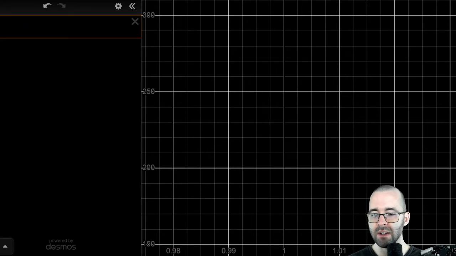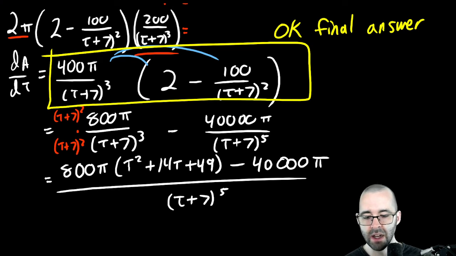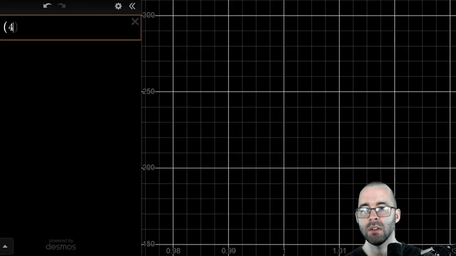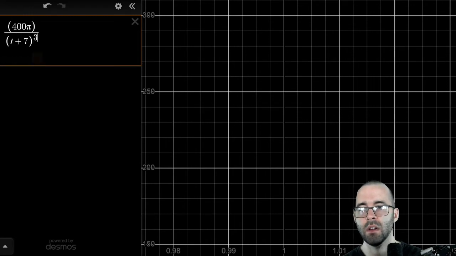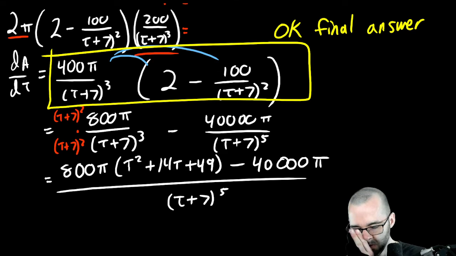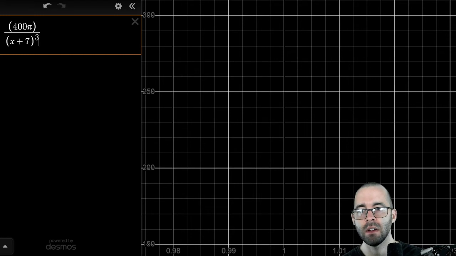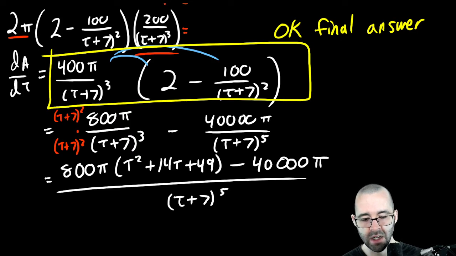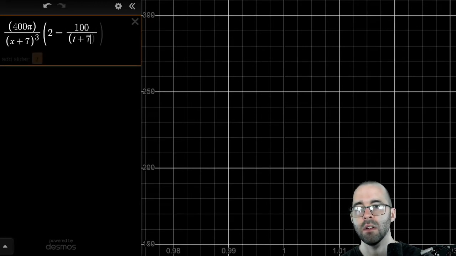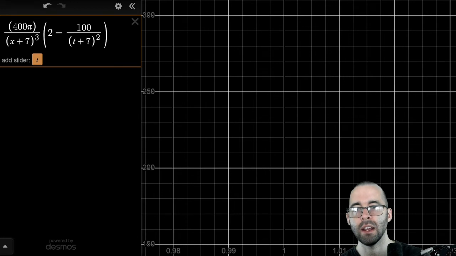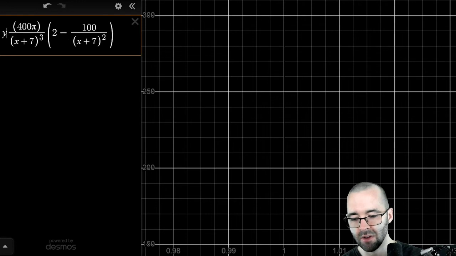So 400 pi over t plus 7 cubed, times 2 minus 100 over t plus 7 squared. Desmos wants us to use x's. One of the ways that we can do this is just graph both of these.